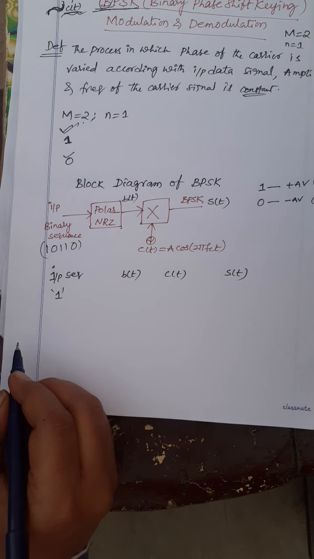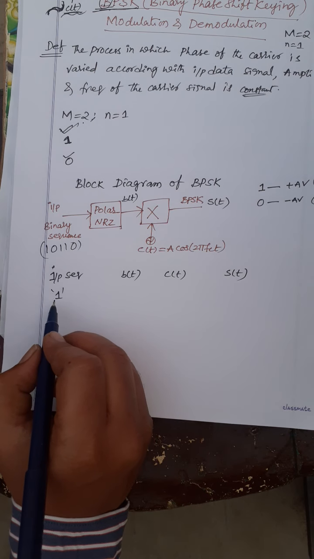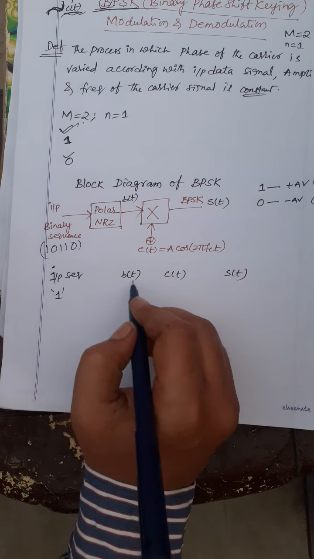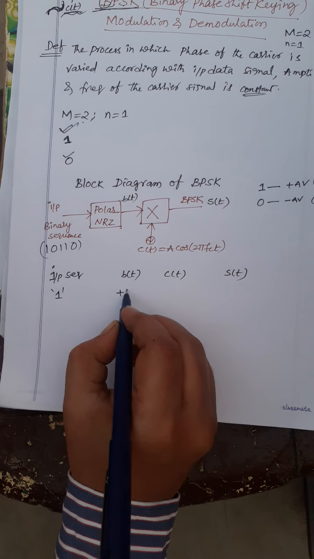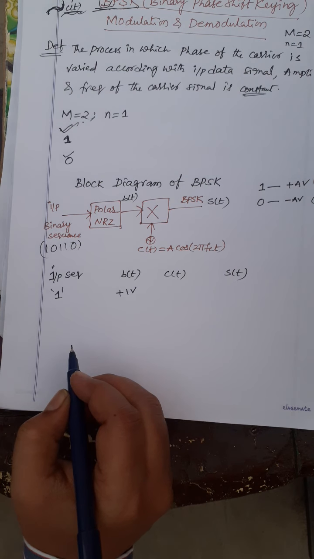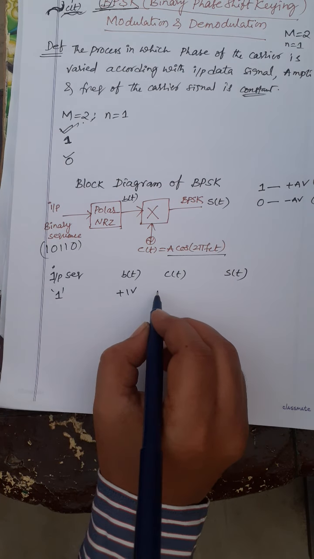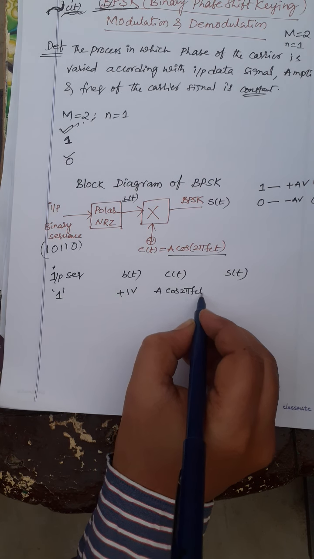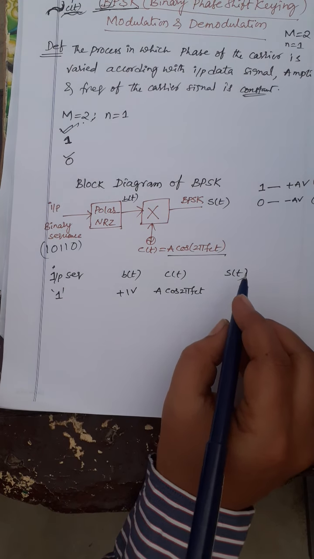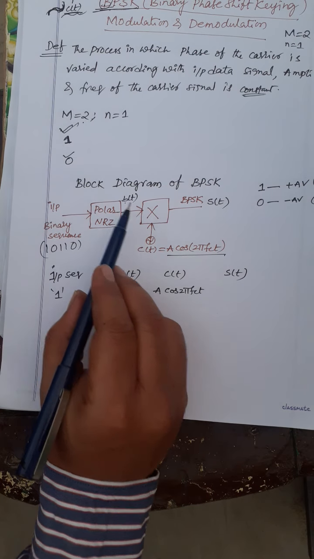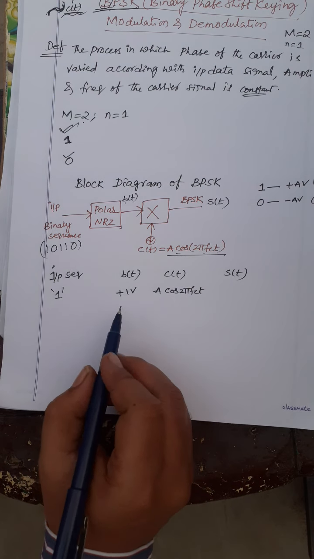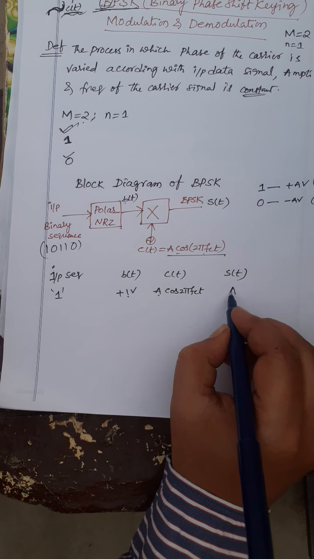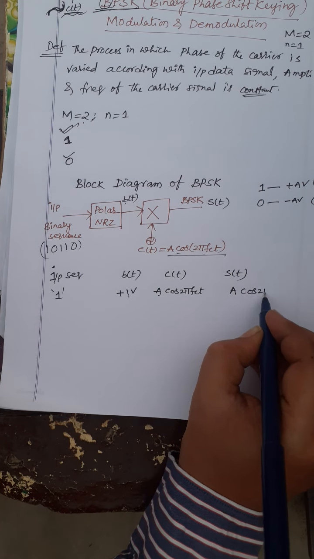Yes or no? Now if bit 1 is given to polar NRZ, B of t is mapped to plus 1 volt. The carrier signal is A cos 2 pi fct, and the modulated signal is B of t multiplied with A cos 2 pi fct. So plus 1 multiplied with this, S of t is A cos 2 pi fct.